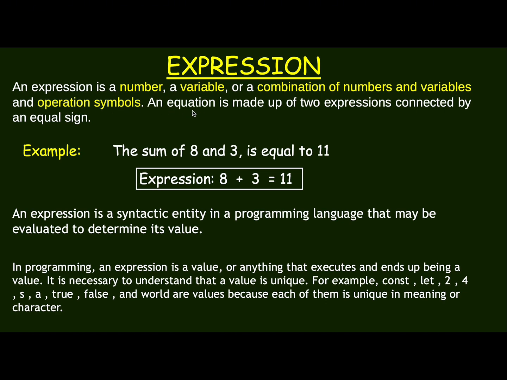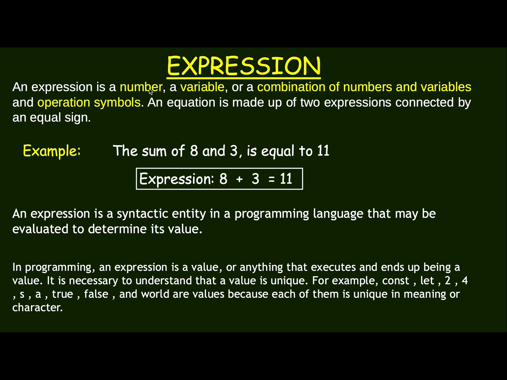An equation is made up of two expressions connected by an equal sign. An example is this: the sum of 8 and 3 is equal to 11. So our expression is 8 plus 3 is equal to 11. This is a simple expression here.